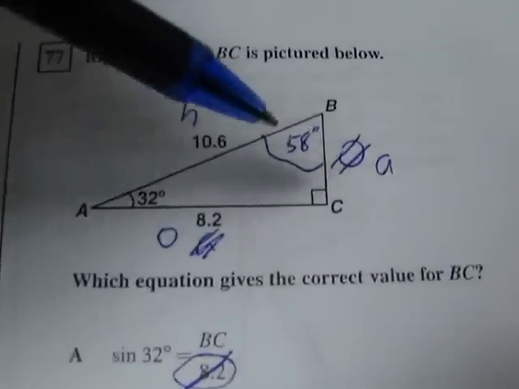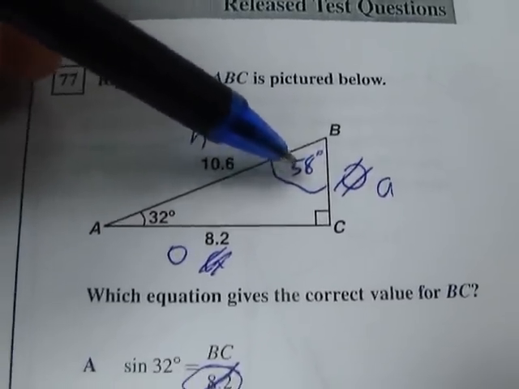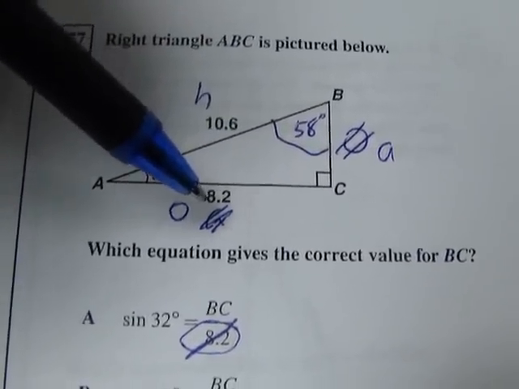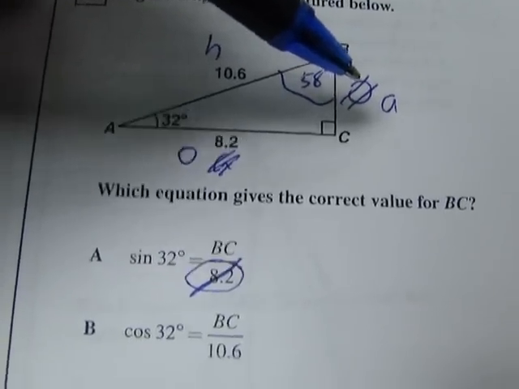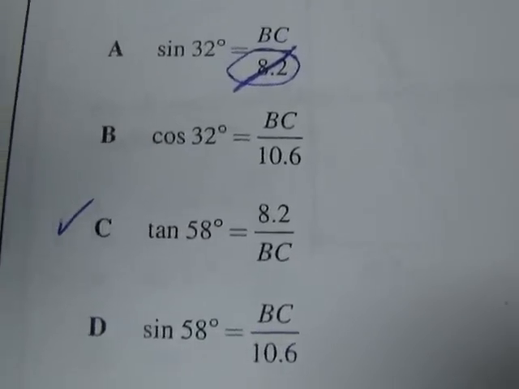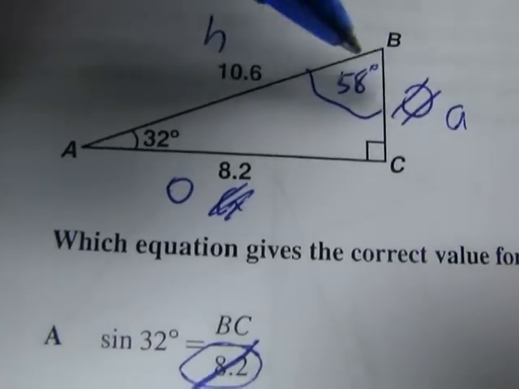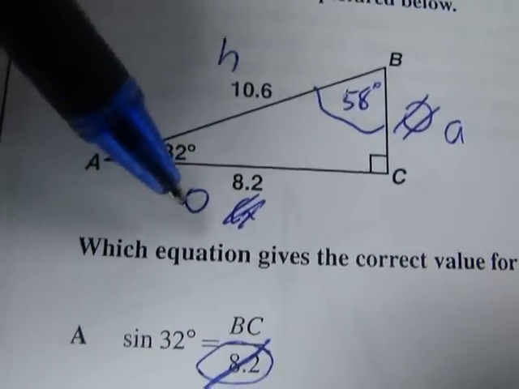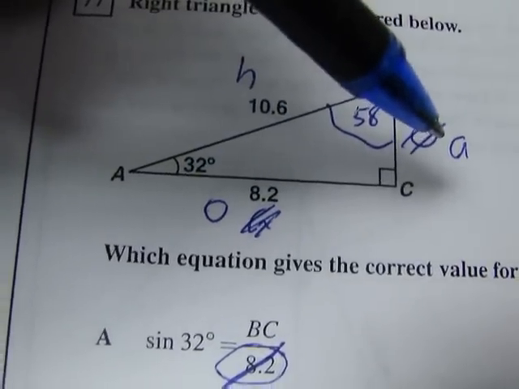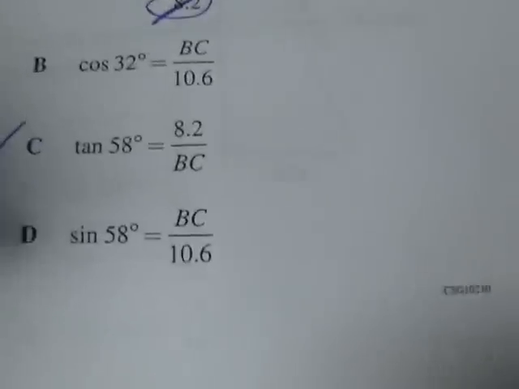So now we can say that the tangent of 58 equals 8.2 over BC. Well, we do see that right here. Tangent of 58 equals 8.2 over BC. Let's look at it again. This is the angle, and this is the opposite over the adjacent. So the tangent of 58 equals 8.2 over BC. So that must be the answer. We're going to go with C. All right.